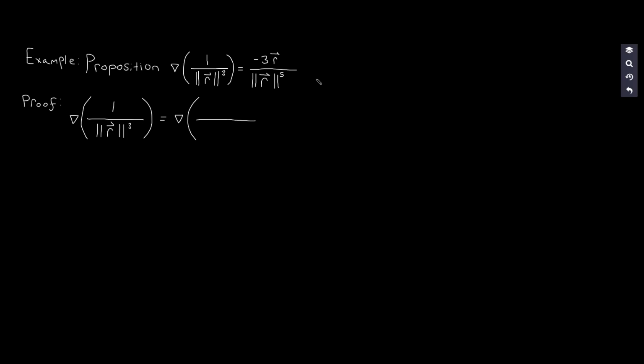Well, we know that if you're going to take the magnitude of some vector f, you have to break it up into its components and stick it under a radical.